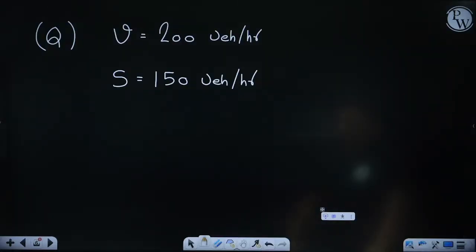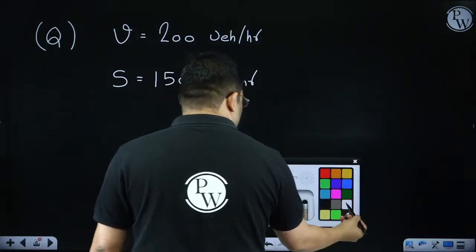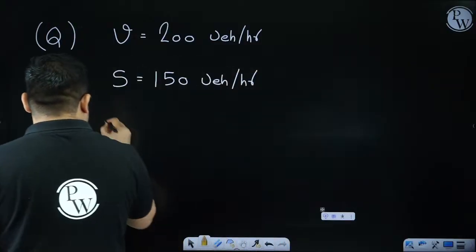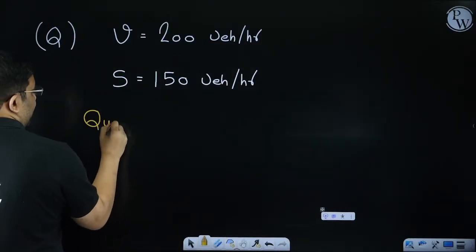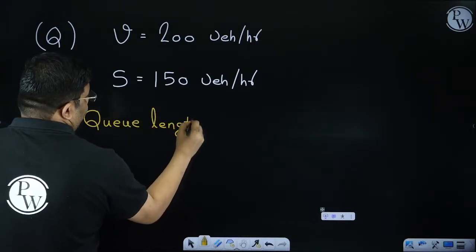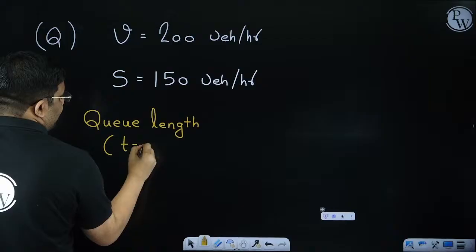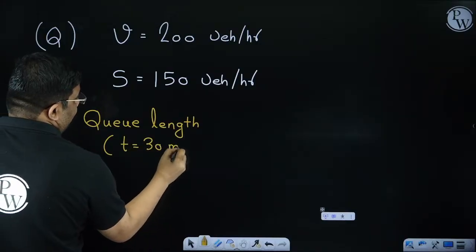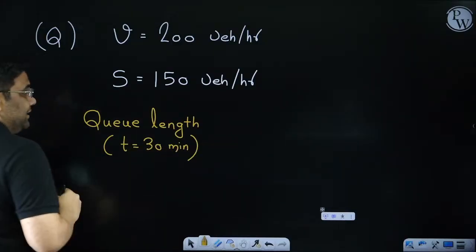And if I am asking to find out the queue length at t equal to 30 minutes, then what will be the queue length?